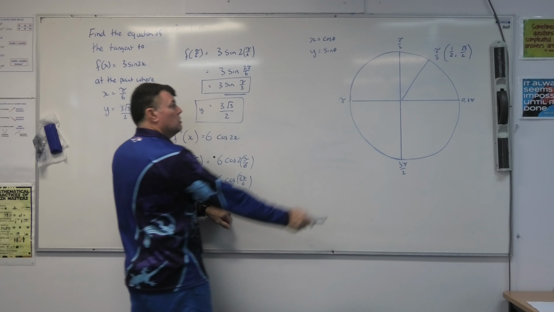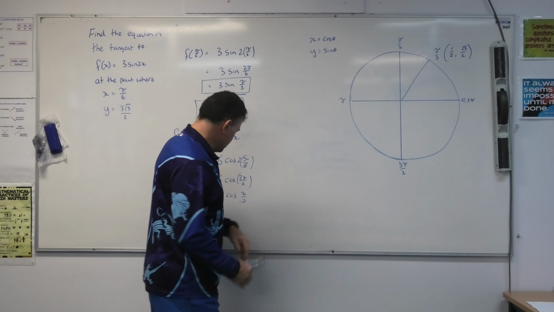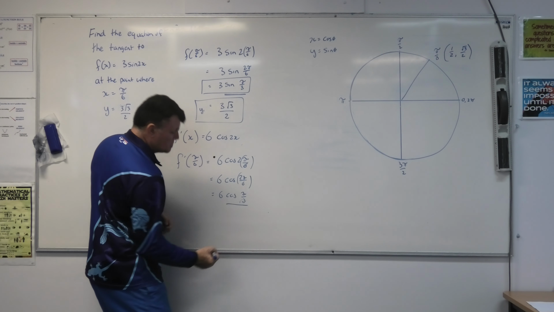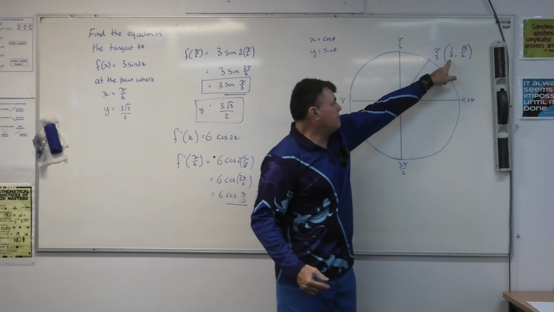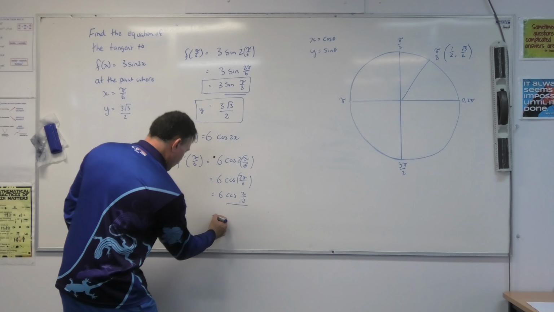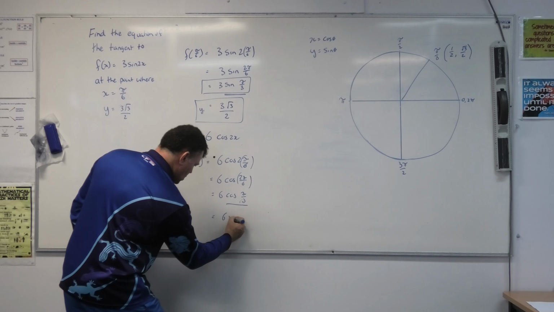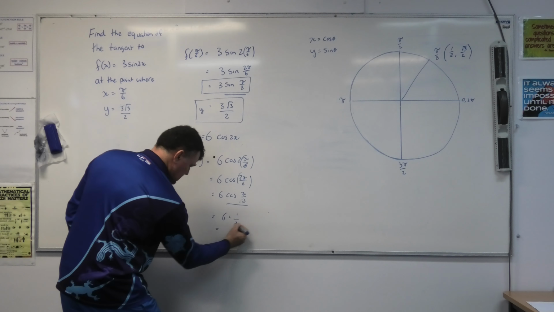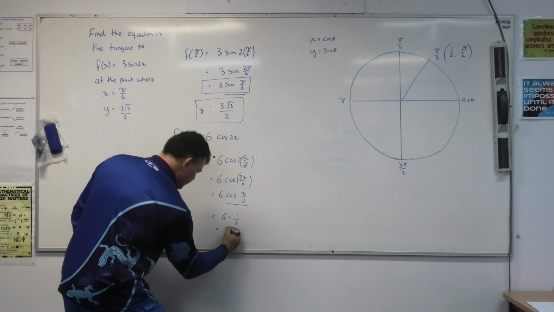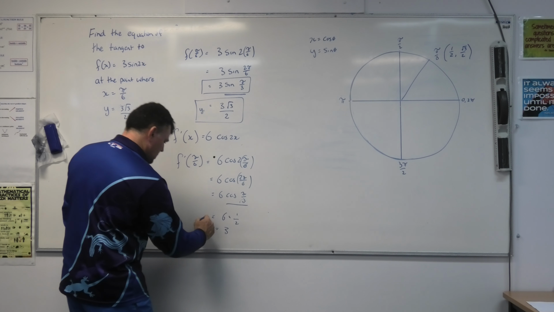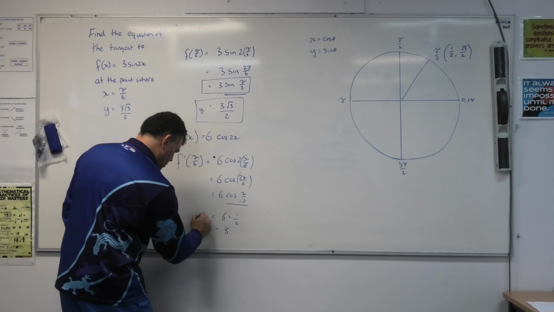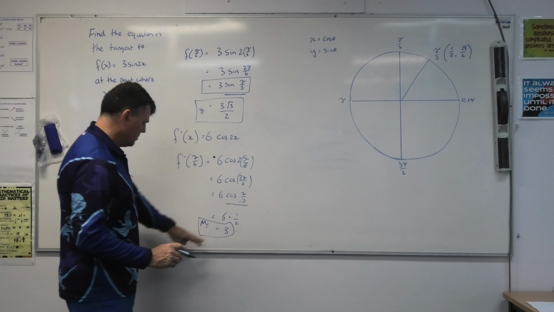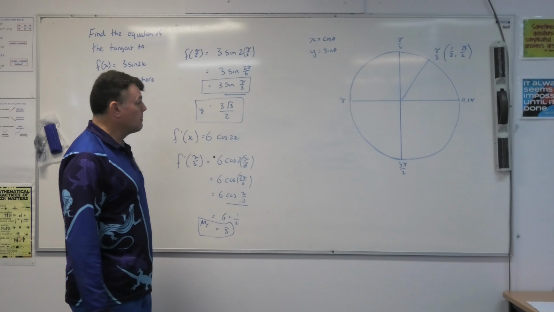We know cosine is the x, so I can replace cosine pi on 3 with 1/2. So my final answer here will be 6 times 1/2, which equals 3. Therefore, my gradient of the tangent is equal to 3.